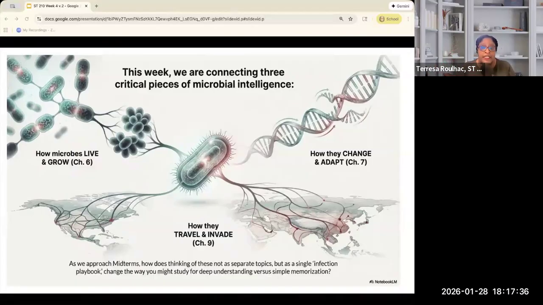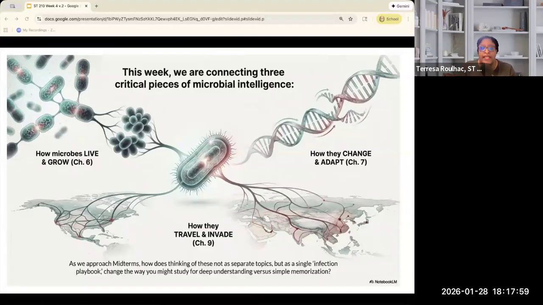I want you to start asking yourself, how does growth support invasion? So you'll notice how they all connect. How does invasion create pressure to adapt? And how does adaptation change treatment and prevention? This is how we get into that deep understanding.